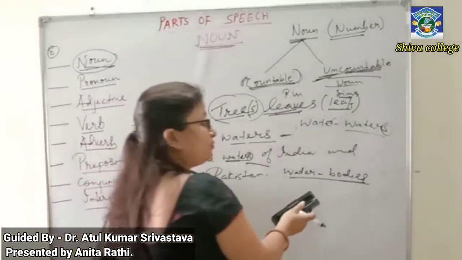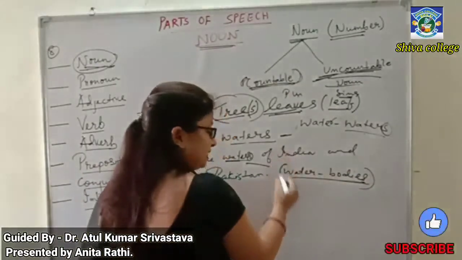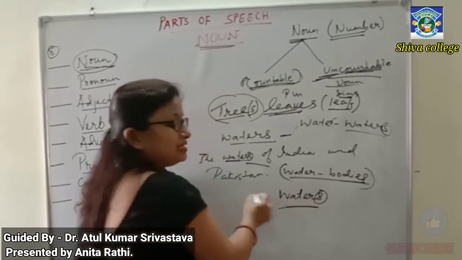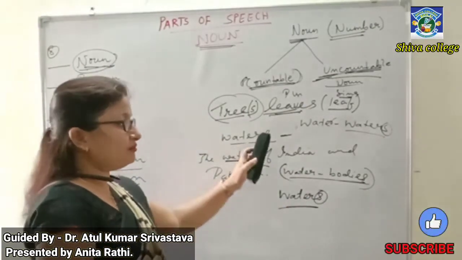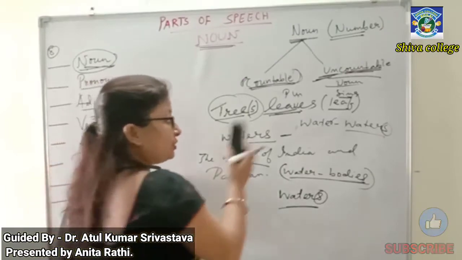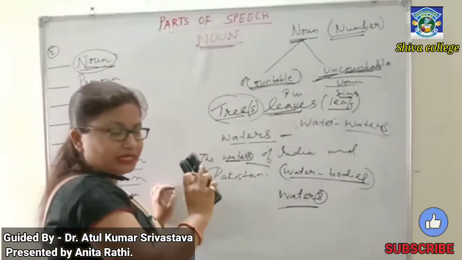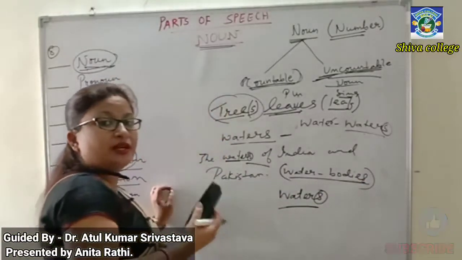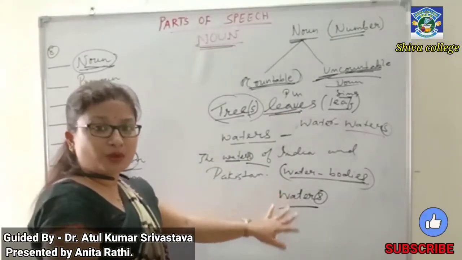We don't say water bodies in a sentence; we can simply write waters. That is why we have used S. But this is not the plural form of water. Water itself is both singular and plural. But this waters does not mean the general water; it means the water bodies.